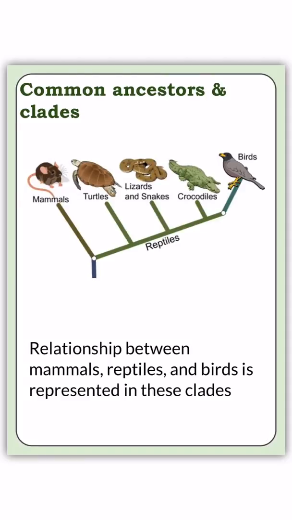In the Linnean classification, Linnaeus classified mammals, reptiles, and birds, groups that we generally recognize, but it doesn't show their evolutionary relationship. So here we can see that birds, going back in time, actually are another branch off from reptiles.